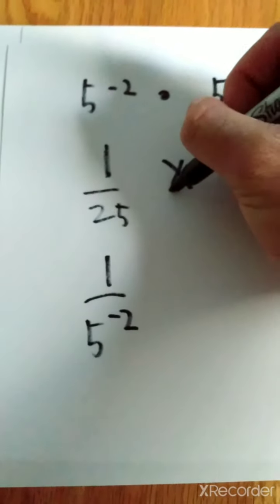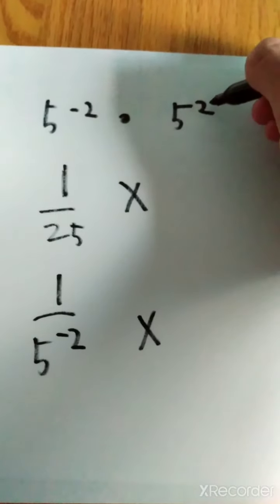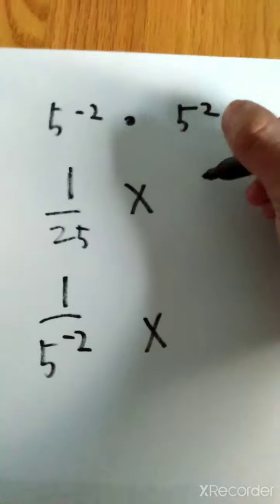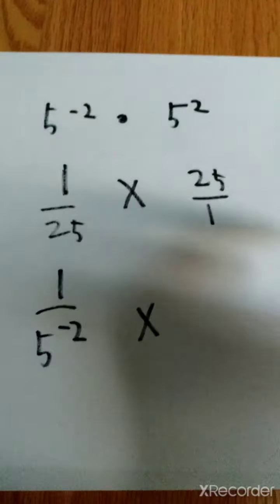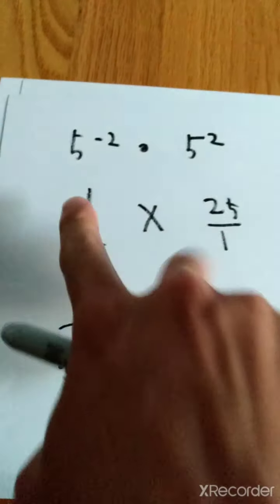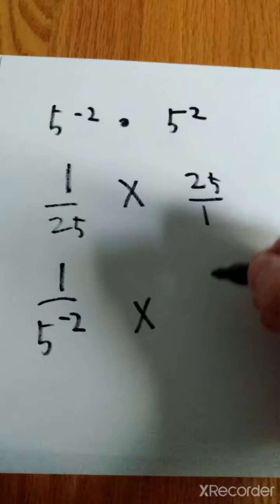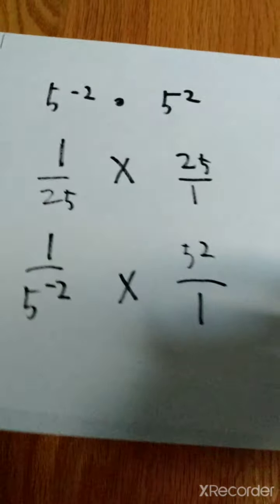Since we're multiplying, we're going to have another exponent be multiplied too. So 5 to the power of 2 is 25, or 25 over 1 as a fraction. It's easy to multiply when both are fractions. We can also write 5 to the power of 2 over 1 as another way of writing it.